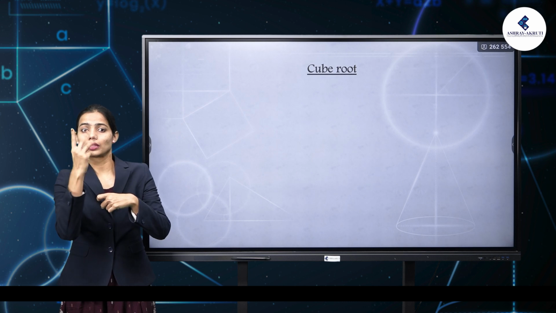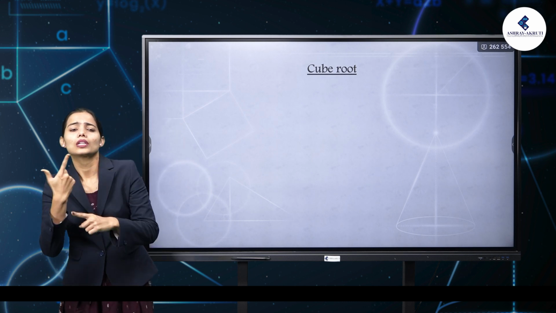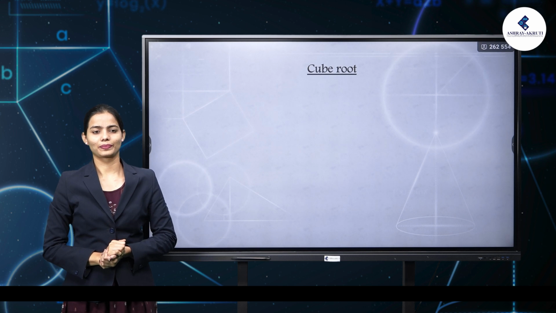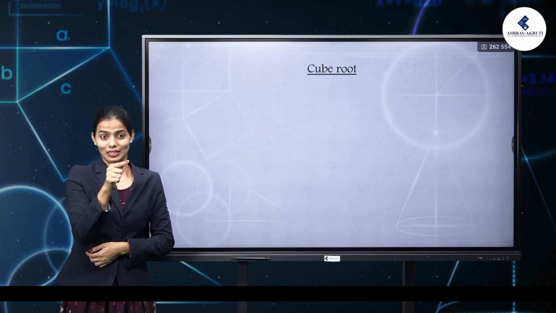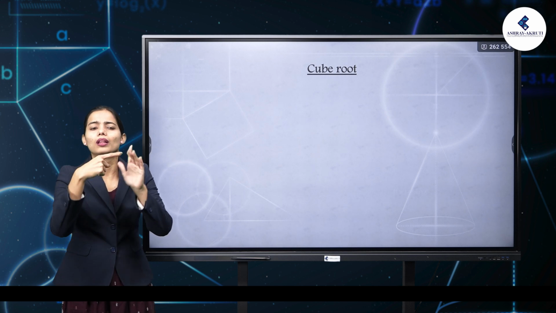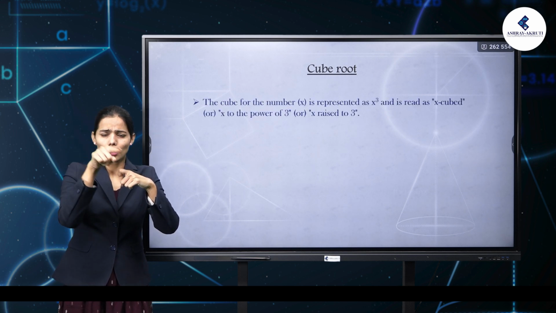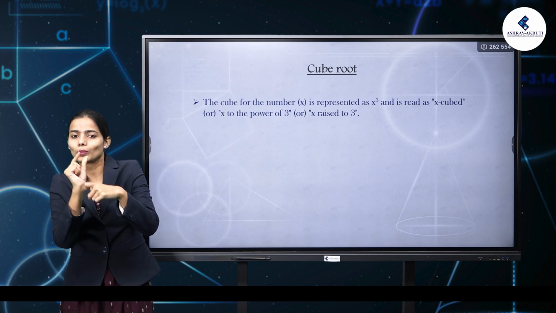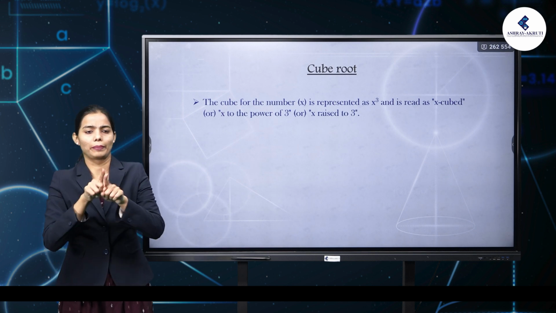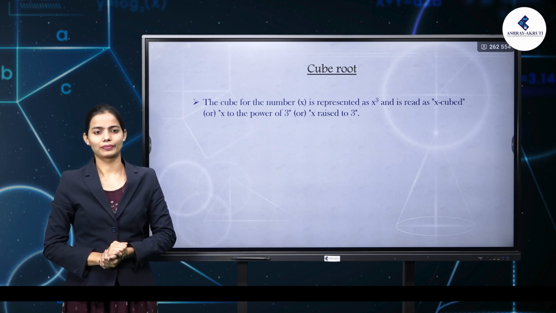Cube root. Whenever a number x is multiplied 3 times, then the resultant number is known as the cube of that number. The cube for the number x is represented as x cube and is read as x cubed or x to the power of 3 or x raised to 3.